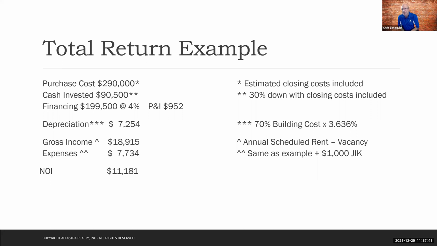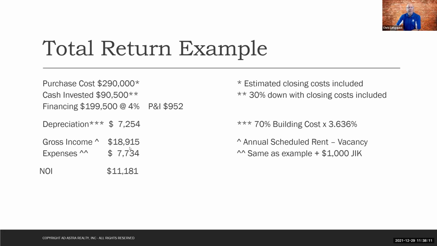But 70% of the building cost of 285, and then your 27 and a half years of depreciation, it's about 3.63% per year. So if you take 285 times 0.70 times 0.03636, you end up with about 72.54. Sounds exciting, doesn't it? All right.